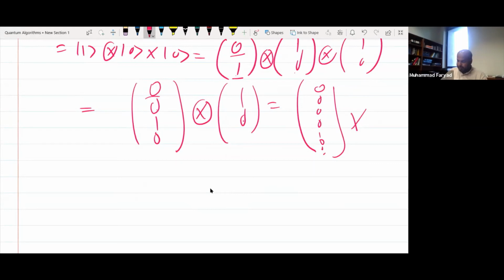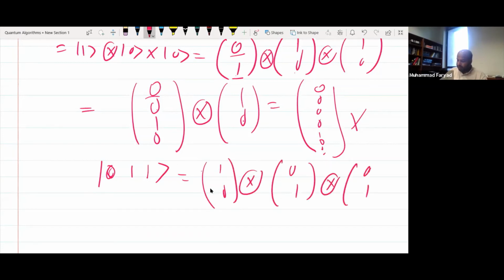Actually, it's 0 0 0. Let's check out this one because this is the second. Let's check out this one. So this is 0 is 1 0, 0 1, 0 1. 1 0 1 0 0.